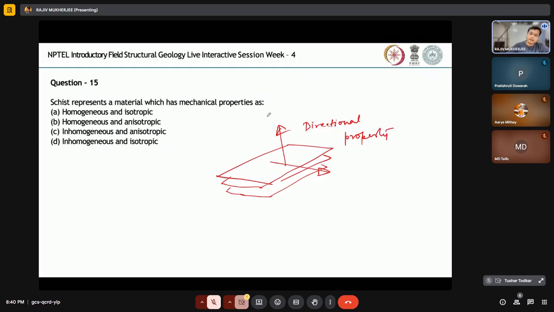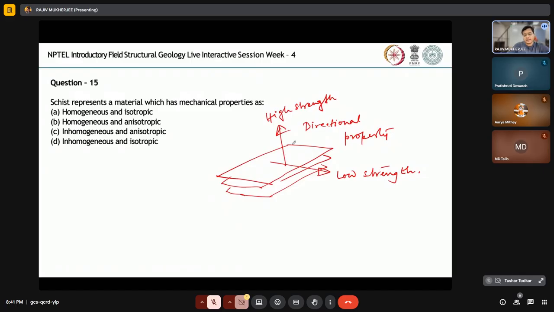So layer perpendicular, high strength; layer parallel, they have low strength. For a particular layer, if the rock type is homogeneous, then the mechanical property along that layer also appears to be homogeneous.